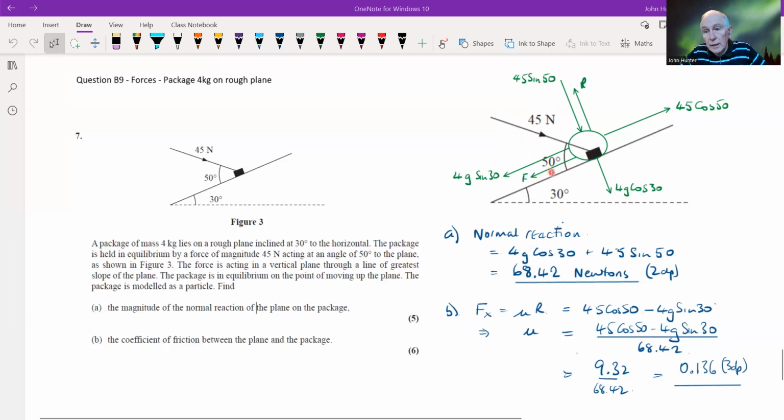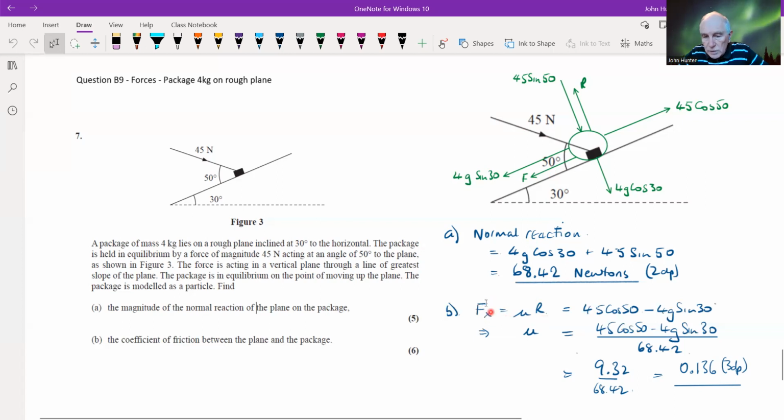And eventually, if you push hard enough, it's actually going to slip. So how high can this friction go in order to counter the force that's been pushing it up the slope? Well, it can go as far as the maximum friction, and that's the value that we can calculate using this equation. Okay, so that's the equation that we're going to use.